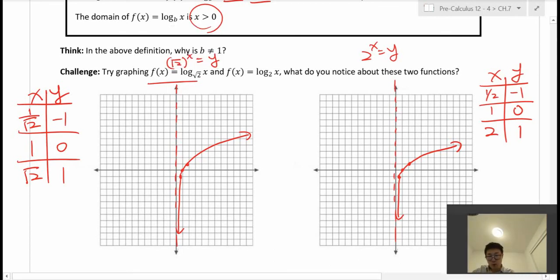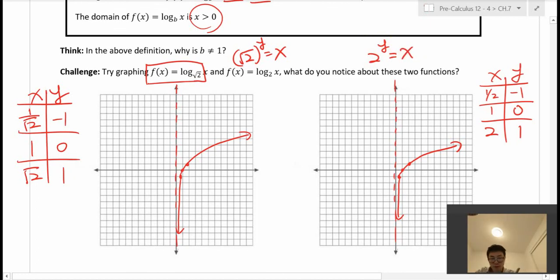Okay, so I don't know if you noticed this. I have to apologize. This was kind of misleading, but if you convert this into the power form, this really becomes root 2 to the power of y is equal to x. And the second one here is 2 to the power of y equals x.